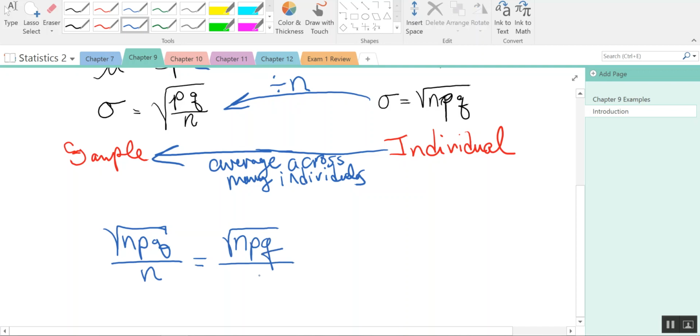Okay, ready? This is one of those things where now that you've seen it, you know it's a strategy. Coming up with it on your own is really not easy. So n, oh no, this is under a root, and that's not. So I really want to put it under a root, but I can't do that because then they're not equal. So I'm just going to square it because the square root of a square takes you back to the original.